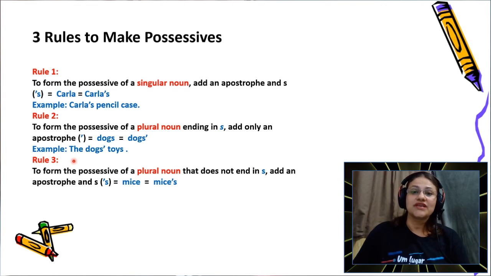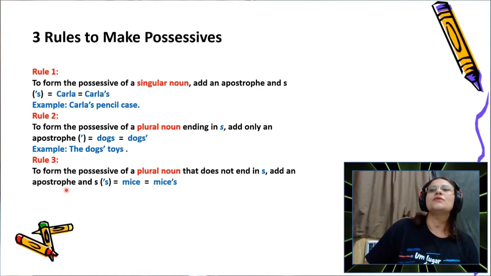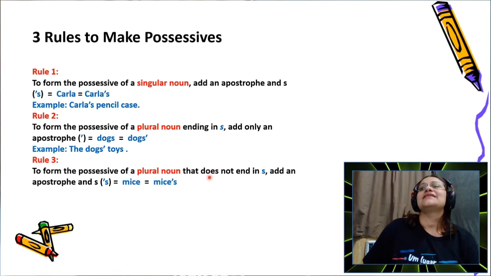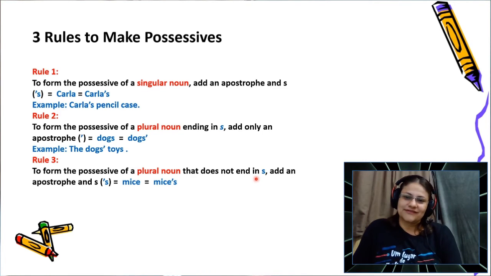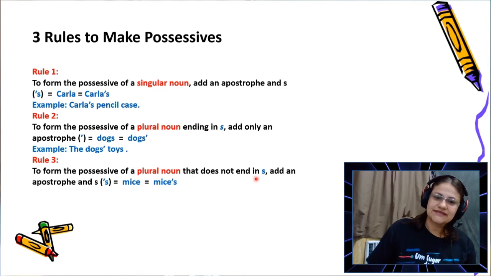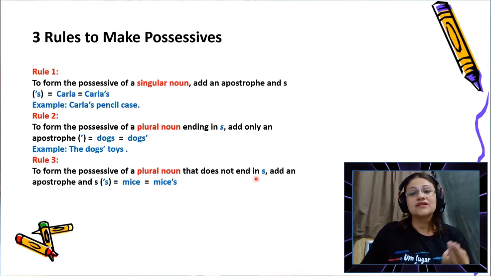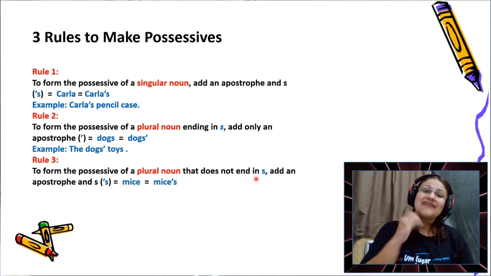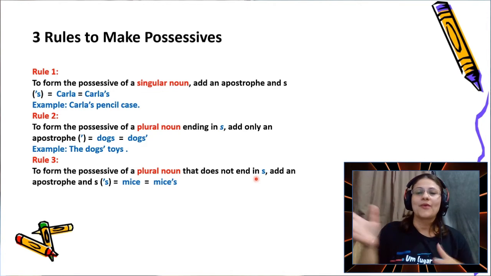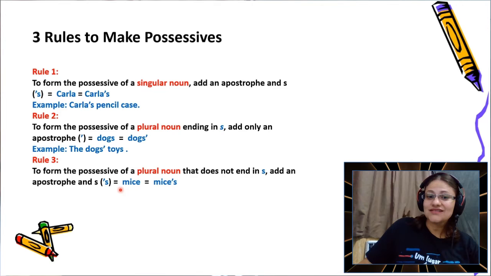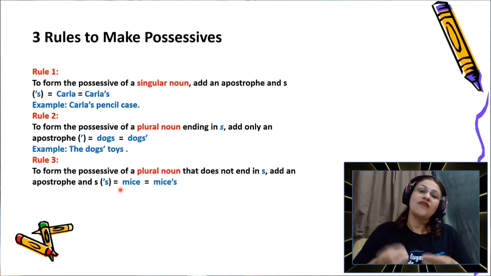Rule number 3, let's see. To form the possessive of a plural noun that doesn't end with an S. In other words, guys, I have a noun whose plural is irregular. For example, here I have mice, that's the plural of mouse.